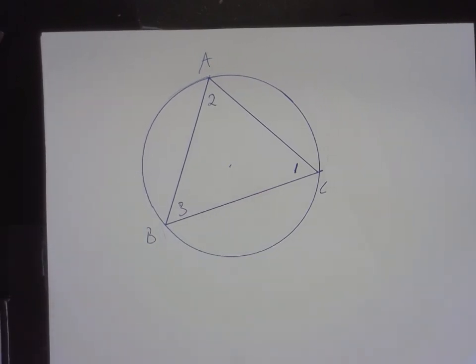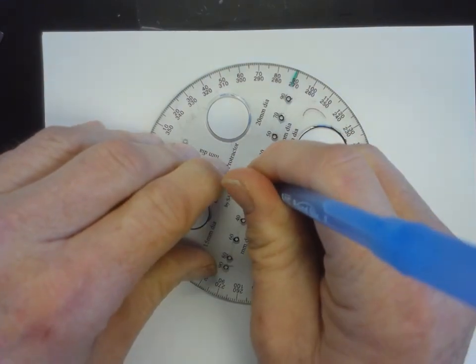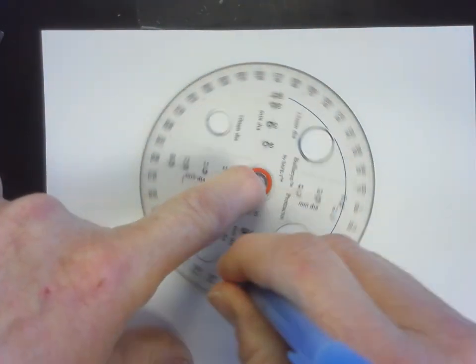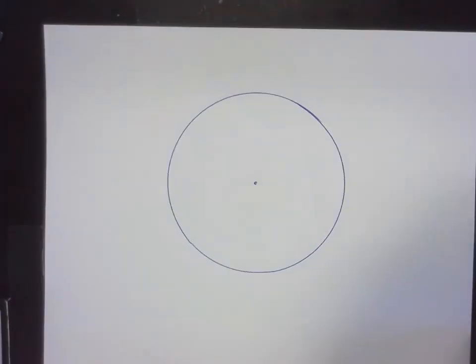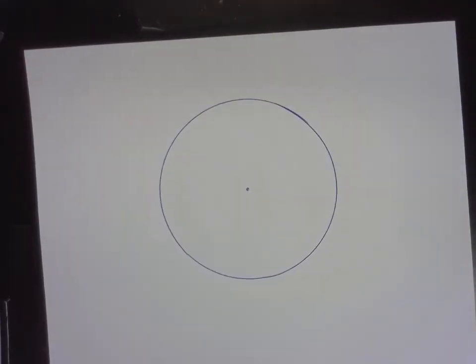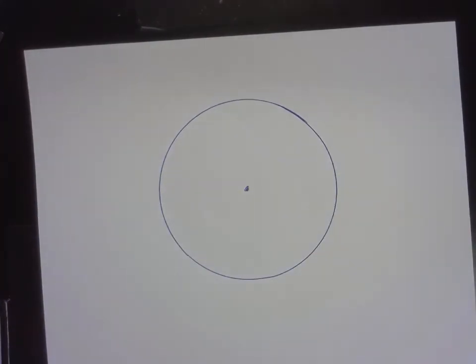Okay, so now, what happens if I put a right triangle inside of a circle? If it's a right triangle, what's the measure of one of its angles for sure? 90 degrees. Okay. So if that angle is 90 degrees, then how big of an arc does it have to intersect? 180 degrees, right?